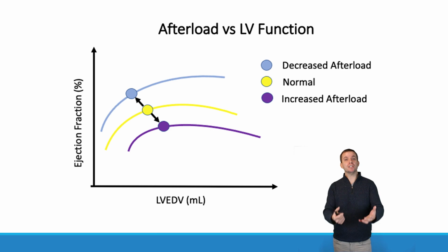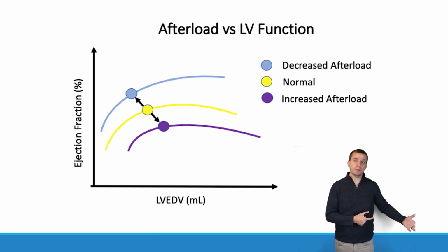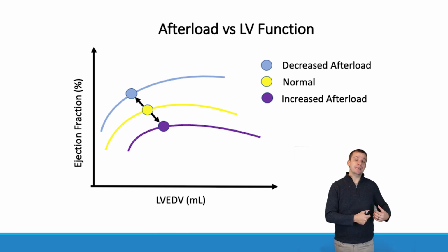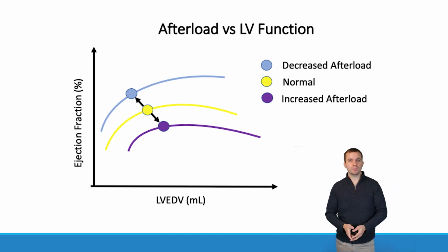It's going to be much easier for the heart to eject, and that EF is going to look considerably better. It didn't change how well the heart contracts, it just made the EF better because it made it much easier to unload, since it doesn't have as much resistance to push against. So as you can see here, as you decrease the afterload, the EF gets better because you've made it easier for the blood to go forward.